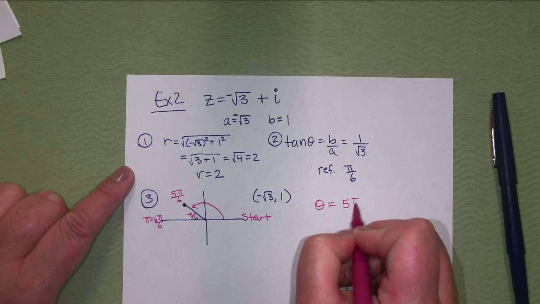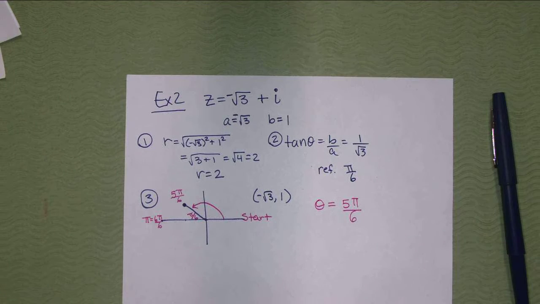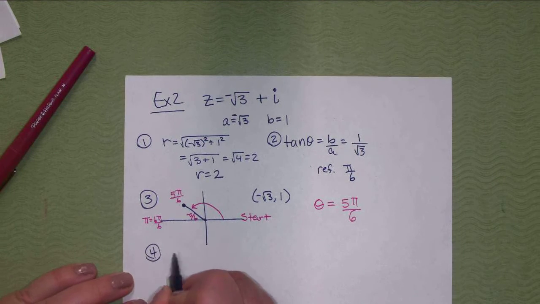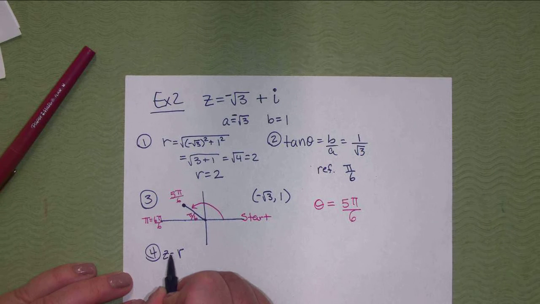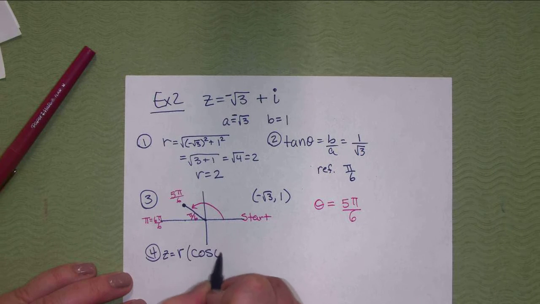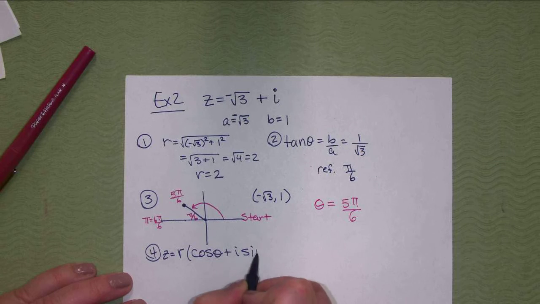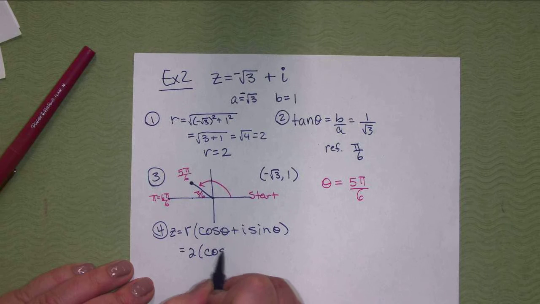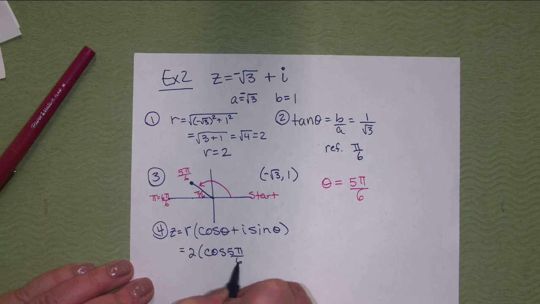Then you write your polar form. Step 4 is to write it. So it's 2 times cos 5 pi over 6 plus i sine 5 pi over 6.